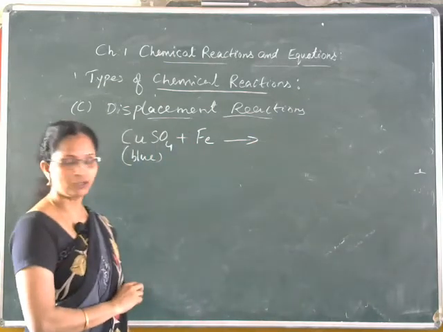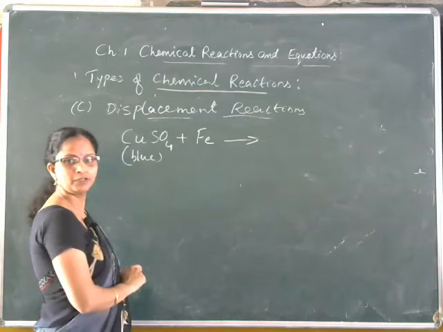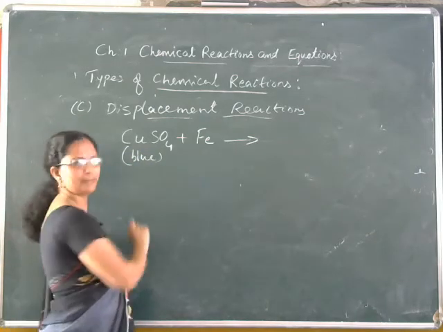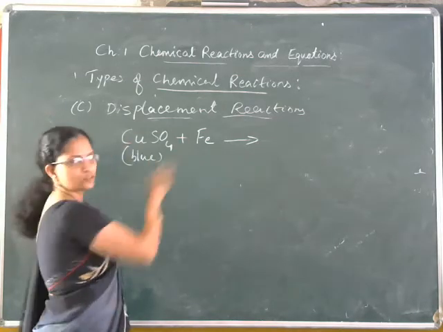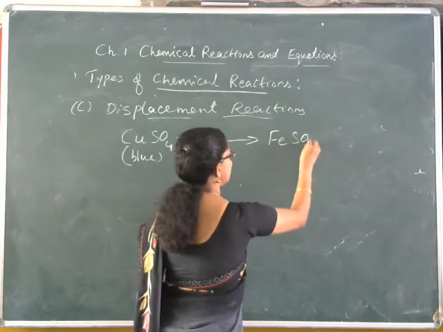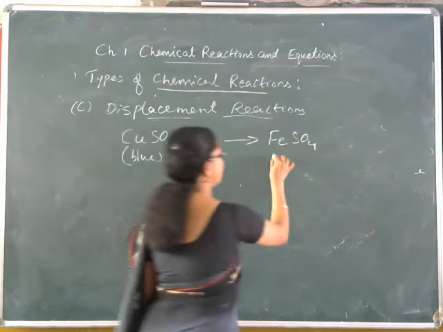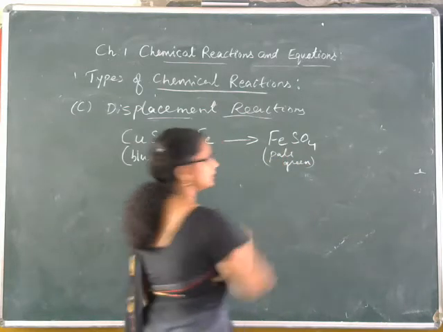This happens because iron is more reactive than copper. So from the aqueous solution of copper sulfate, iron displaces copper and the product formed is FeSO4, ferrous sulfate, which is pale green in color.